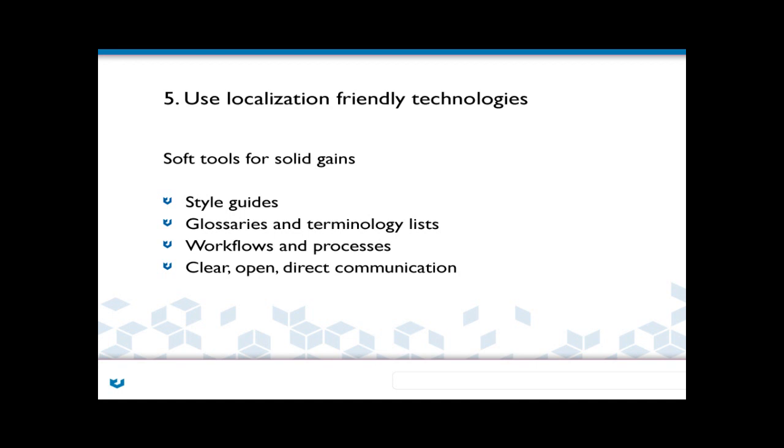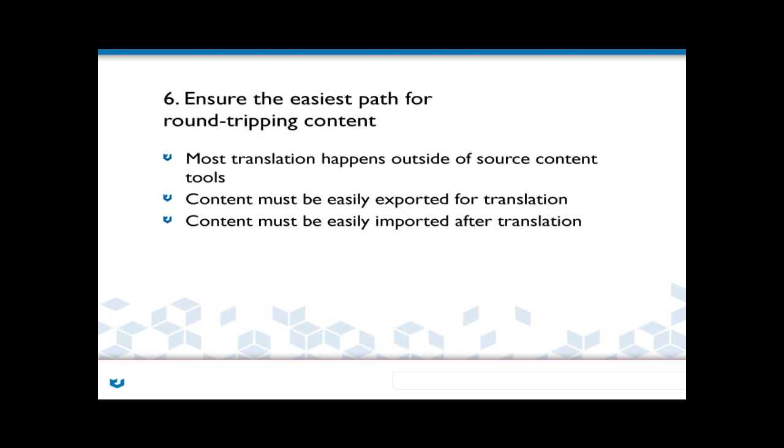And finally, it's critical also that you ensure the easiest path for round-tripping your content. We talked a little bit about this with proprietary formats versus non-proprietary formats. Again, most translation happens outside of your source content development tools. So if you're developing in FrameMaker, your translation is not going to happen in FrameMaker.